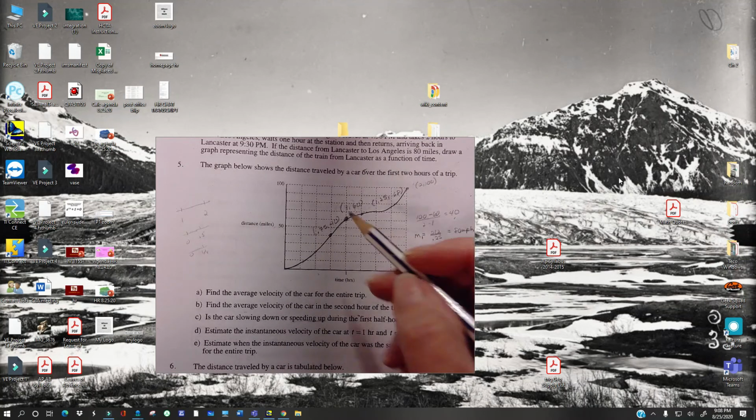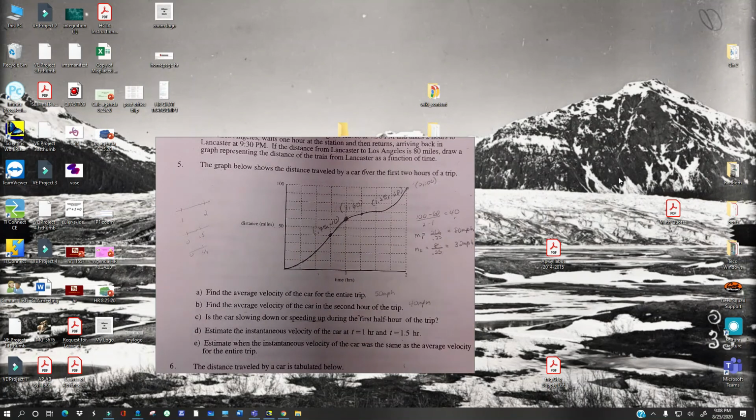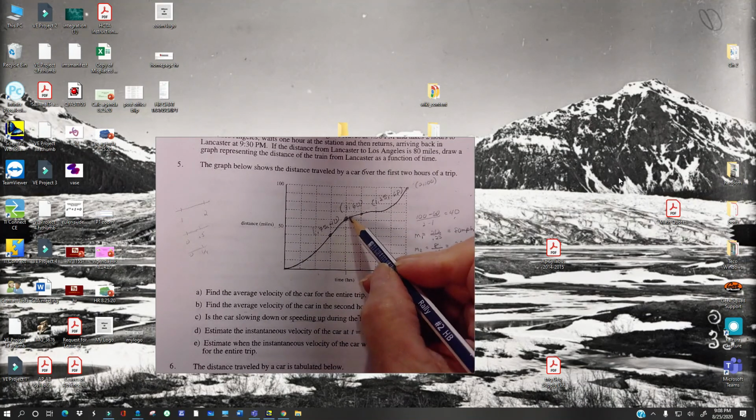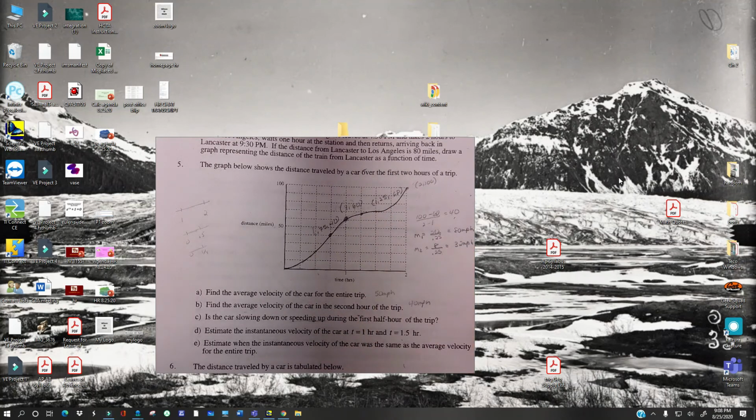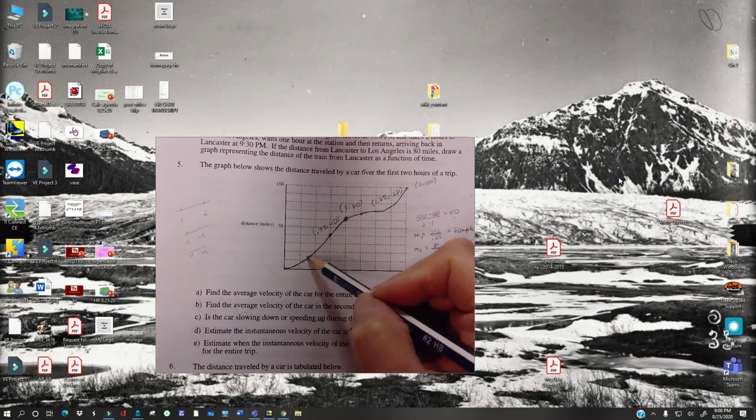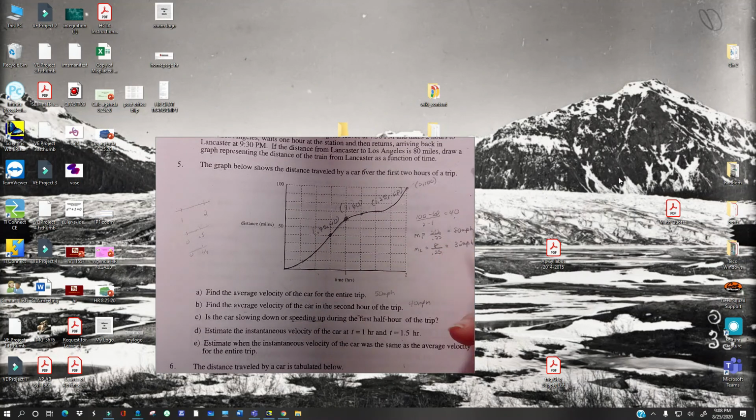So whoa, here I've got 80 miles an hour, and here I've got 32 miles an hour, which makes sense because if you drew little tangent lines, you see it's starting to slow down until it gets to a flat point, right? So the car is slowing down here, it's speeding up here. Well, if I take the average, that's 122 divided by 2, which is 61 miles per hour.